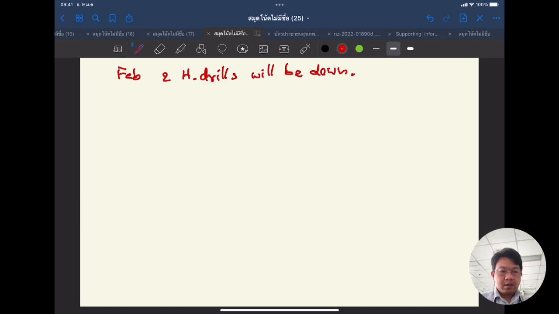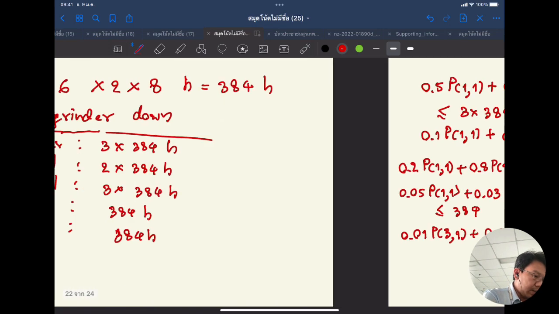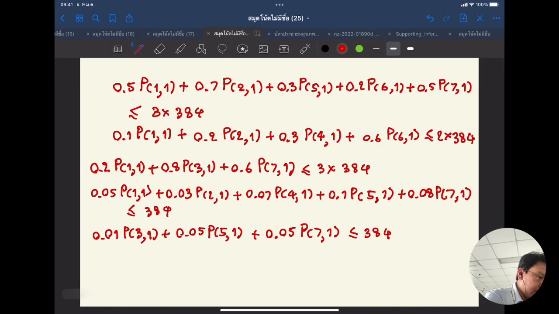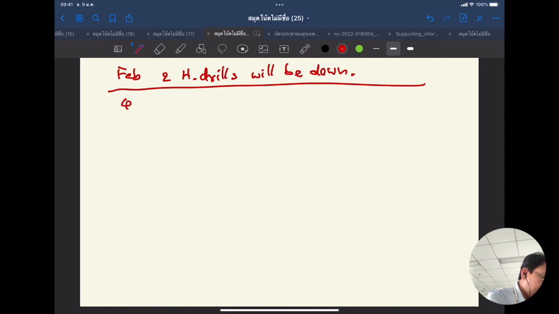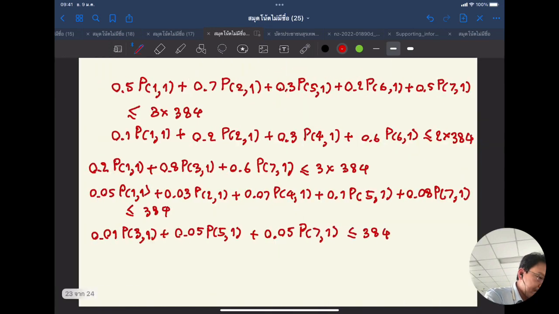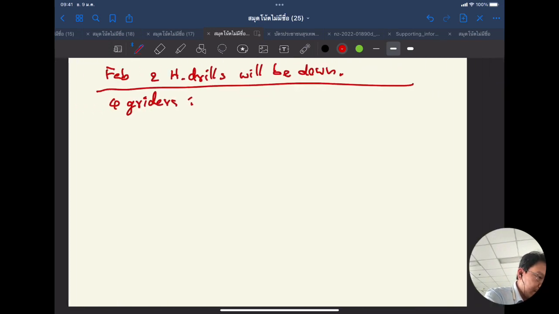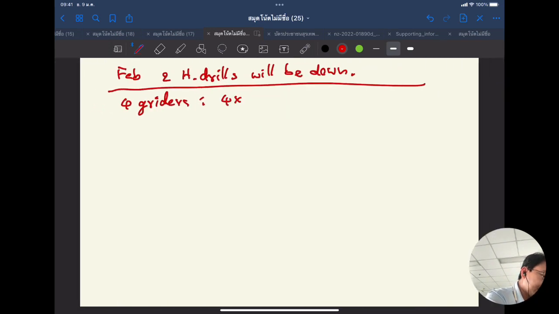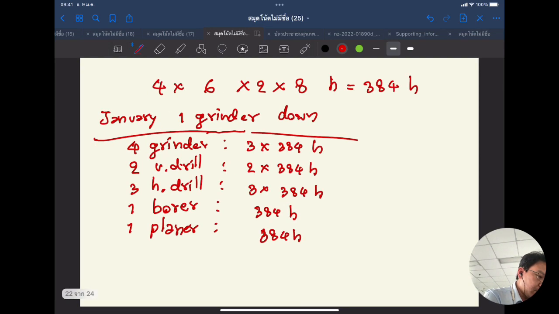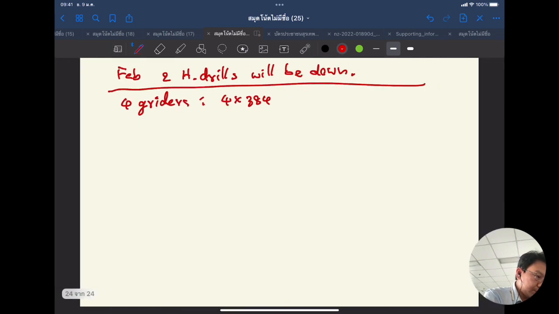So we have 4 grinders, of course, and 2 vertical drills.